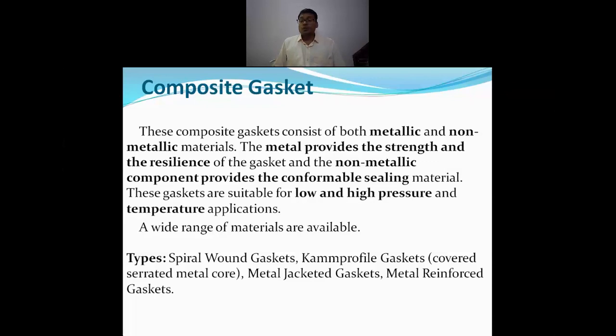That means two purposes are served. When it's a composite, metal and non-metals are there. Metals provide the strength and resilience to the gasket, and the non-metallic component provides the comfortable sealing material.